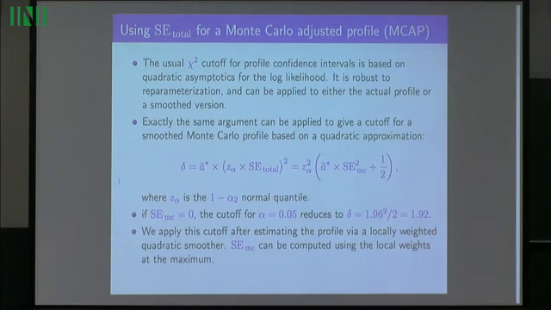And just as a sanity check, if the Monte Carlo error is 0 and you want a 95% confidence interval, you better get the most famous 1.92 profile cutoff back. Okay, and so this is basically what we're going to do.